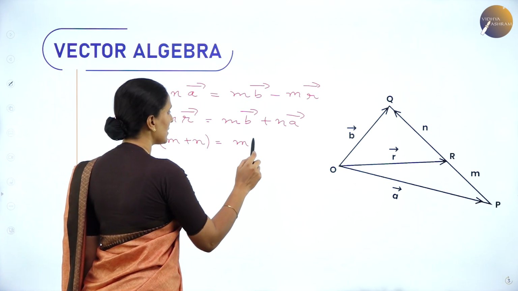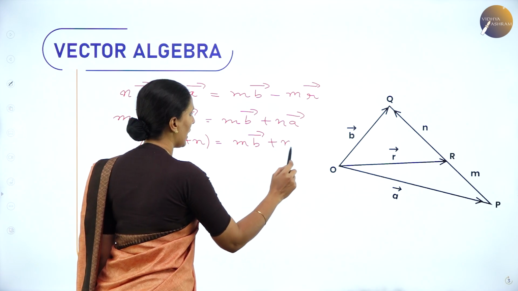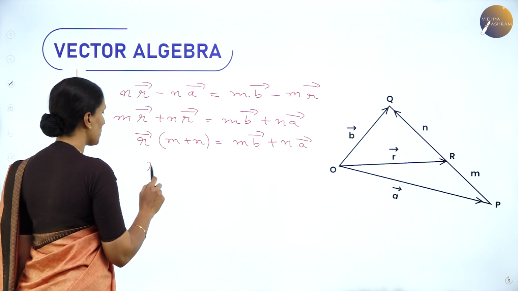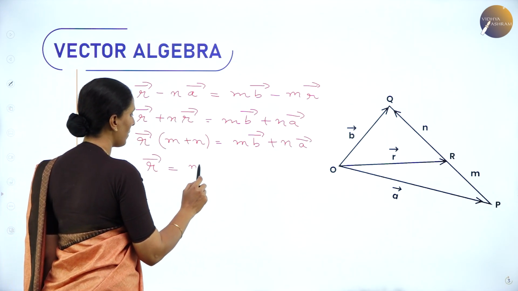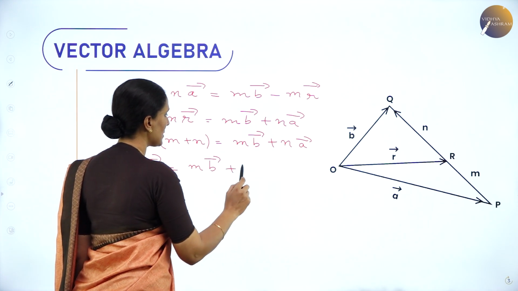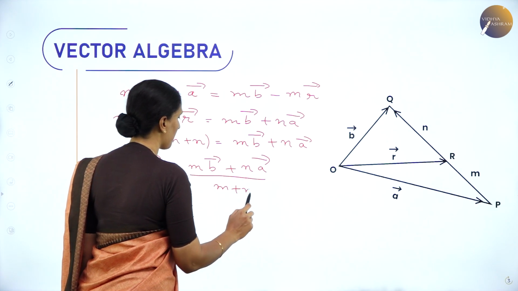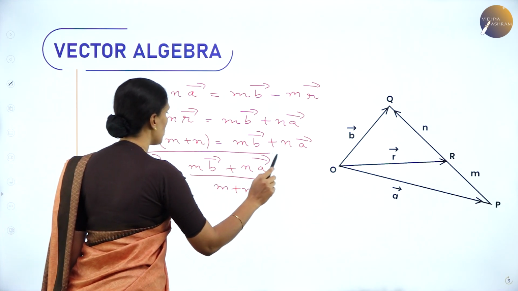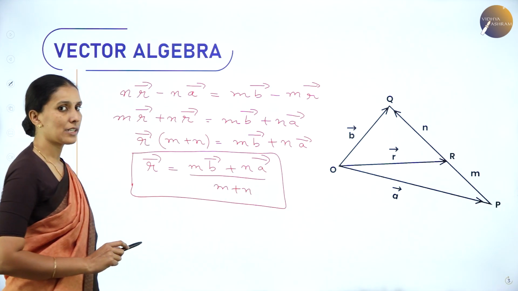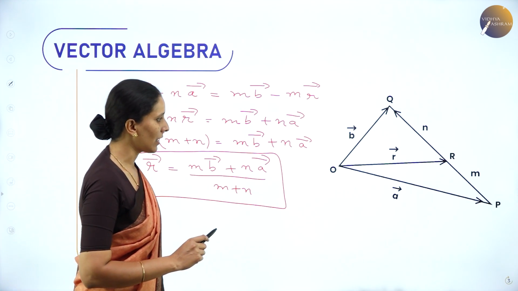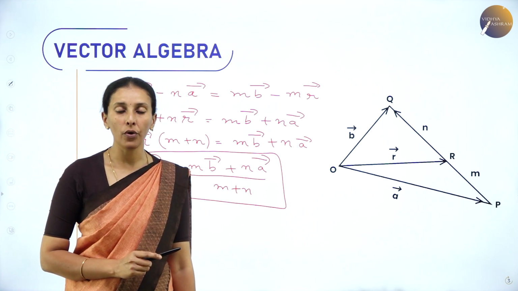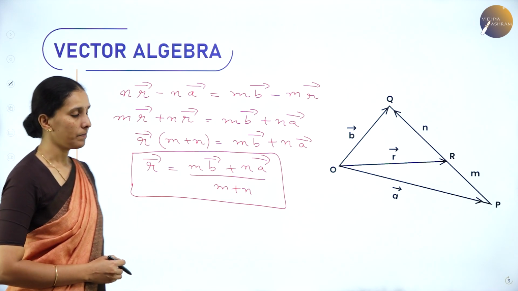Then the position vector R is given by m into vector B plus n into vector A divided by m plus n. So this is the position vector of the point R which divides the line segment PQ in the ratio m is to n internally.